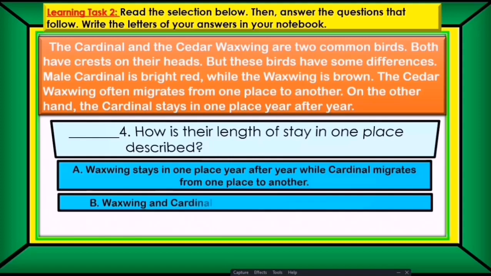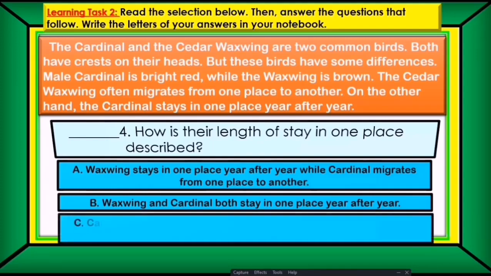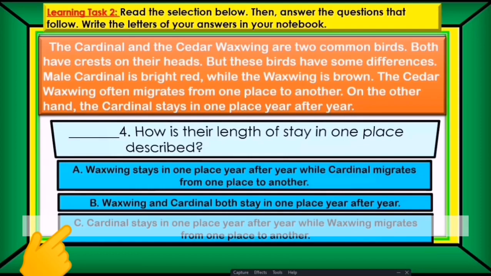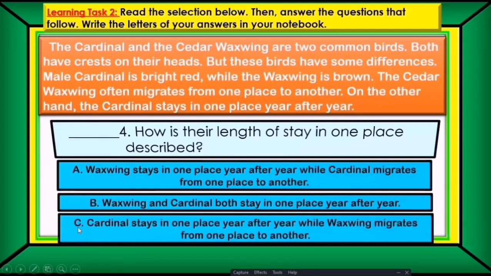B. Waxwing and cardinal both stay in one place year after year. And letter C, cardinal stays in one place year after year while waxwing migrates from one place to another. So what is your answer there? So the correct answer is letter C.